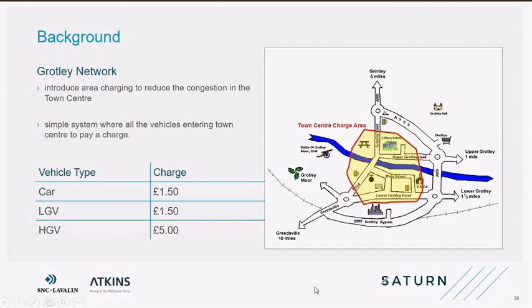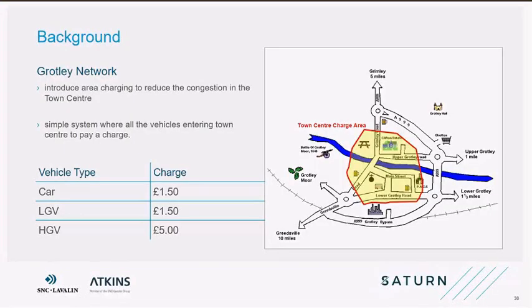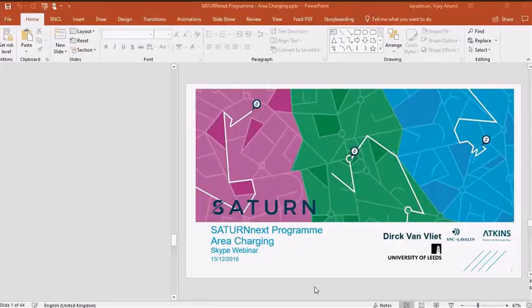We're introducing the area charging to reduce the congestion in the city center of the Grotley area, and then these are the toll charges that we are going to implement. So, with this background, Vijay, I'll hand it over to you. Show it on the Saturn screen so that it's much easier for people to understand. Over to you, Vijay.